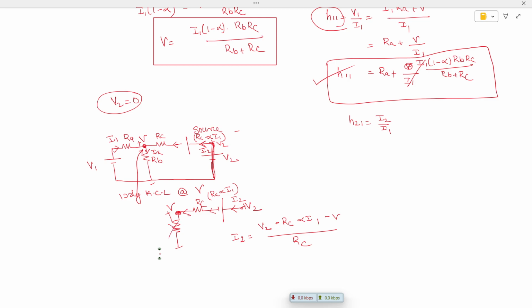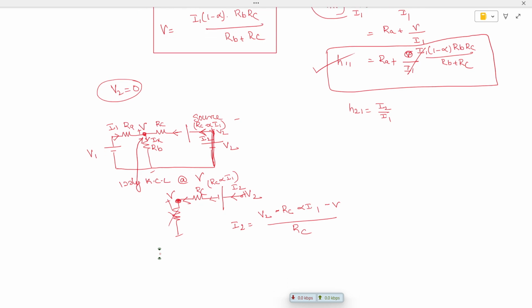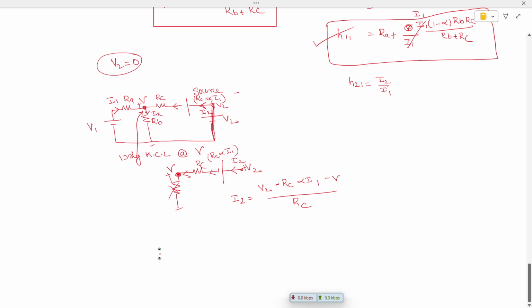Only up to here I'm writing. And moreover, we have short circuited this branch V2, so we can take this as 0. Therefore, I2 is equal to minus alpha I1 minus V by RC.